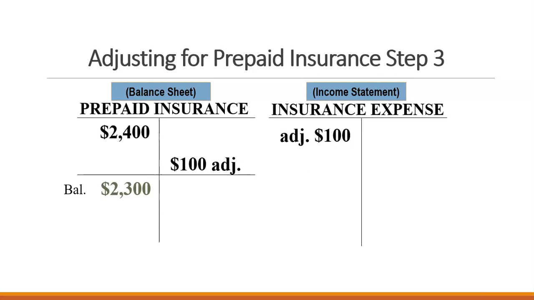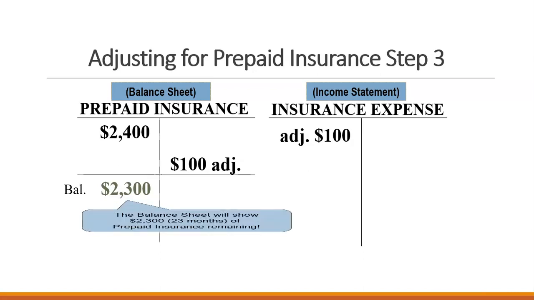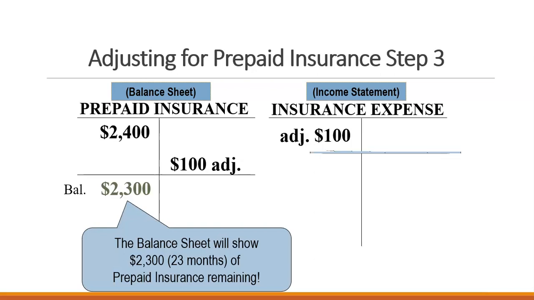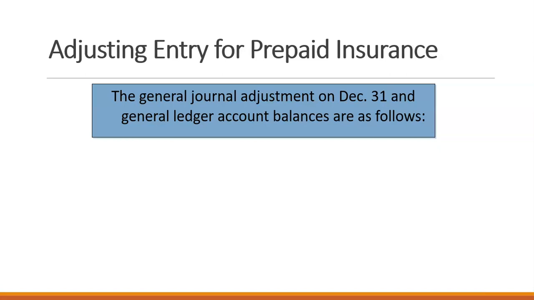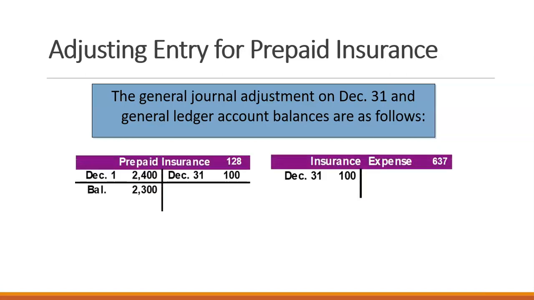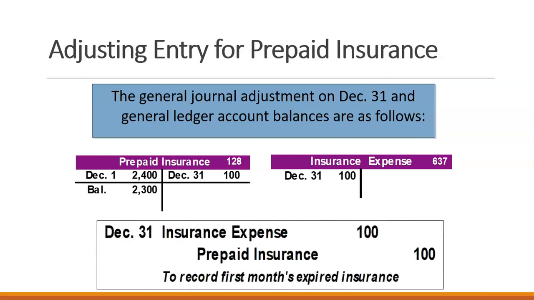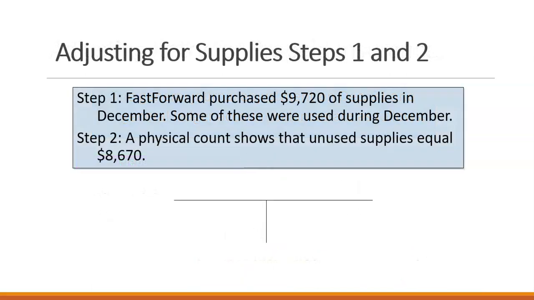And on our income statement, we will have an insurance expense of $100. So the general journal, then, when we look at the balances, we can see our T accounts and see the information in there. And then this is the journal to record that expired insurance.